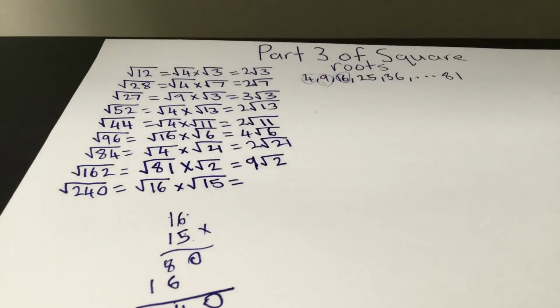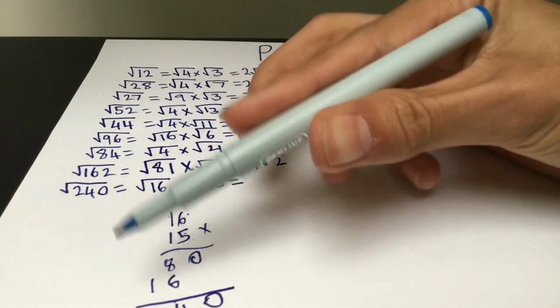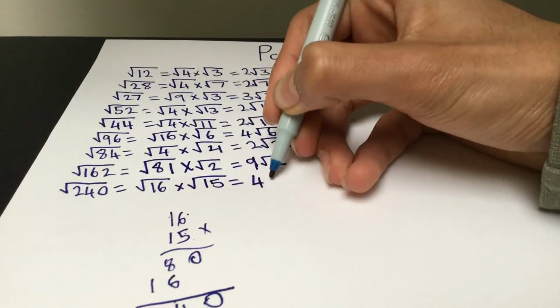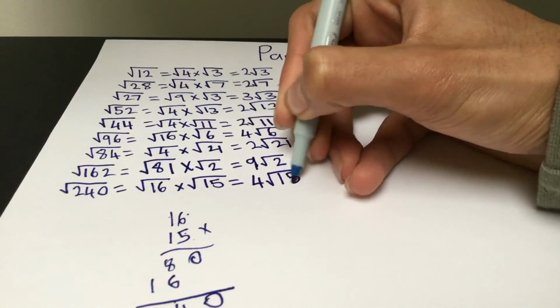There's your answer, so that's checking that it's right. Square root 16, when it's simplified, is 4, and what's left is square root 15.